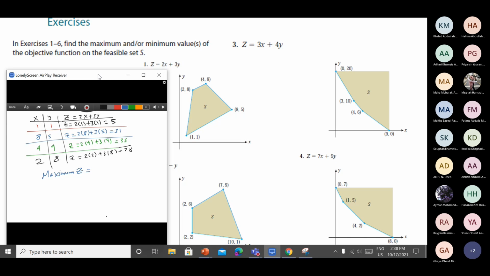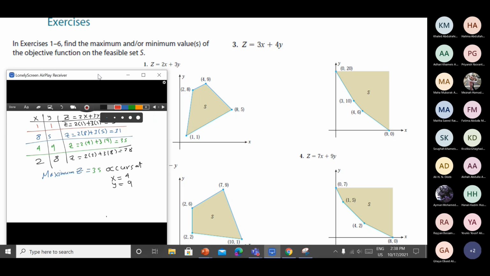So the maximum z equal to what? What is the maximum value here? 35? Yeah, 35. This occurs where? At x equal to 4 and y equal to 9.